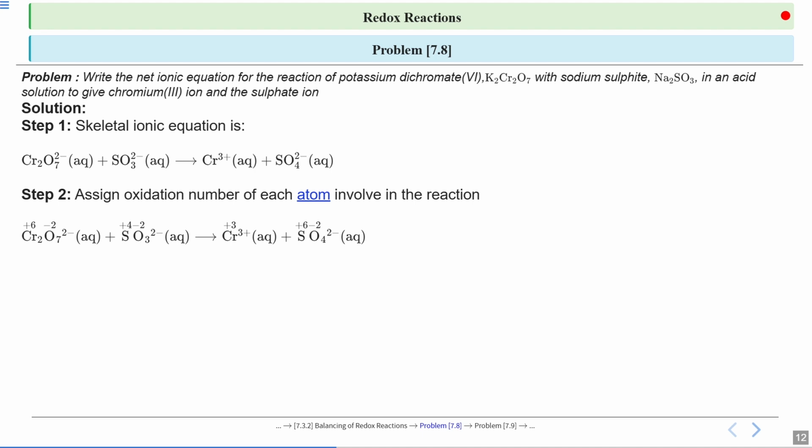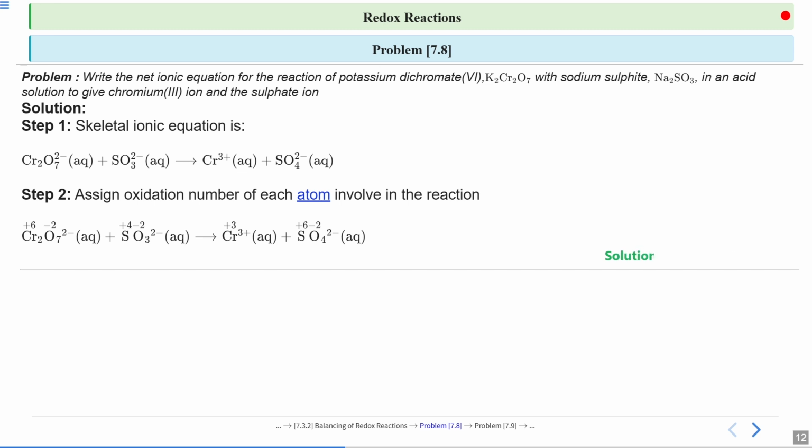Oxygen is -2 in the reactant, and in the product also. And sulfur is +4 in the reactant and +6 in the product. So it is clearly understood from here that the atoms possess different oxidation states in the reactant and product. That means their oxidation number has changed.